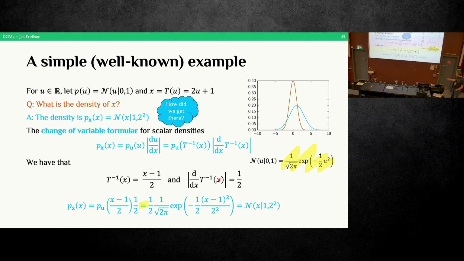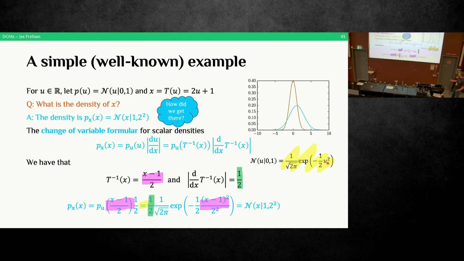And the derivative of the inverse function is also fairly easy. If we take the derivative with respect to x, then we of course get a half. And then you just plug this into the change of variable formula. So I need to evaluate P of u in (x minus 1) divided by 2, so this was this guy here. And then I need to multiply by the half here, right? That's what the formula tells me. Then I plug this into the standard expression for a standard Gaussian.